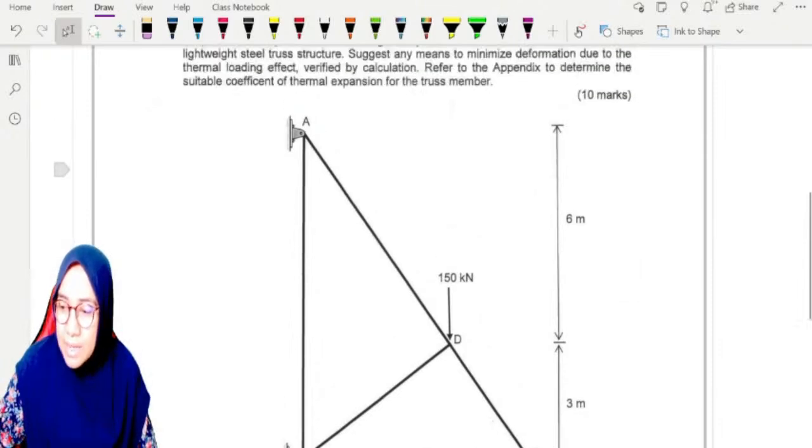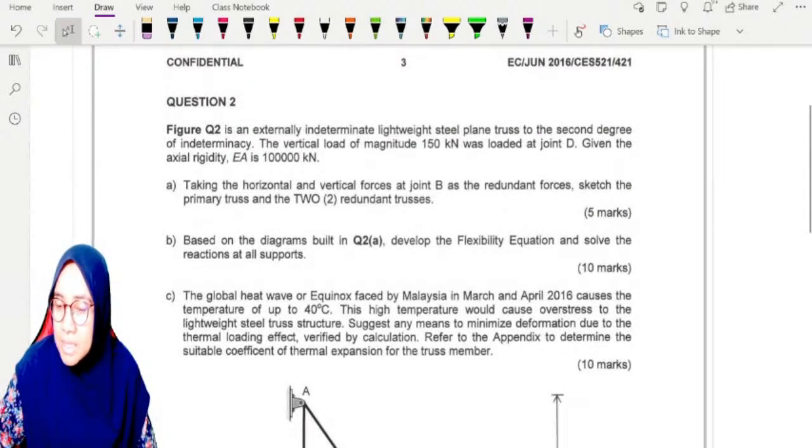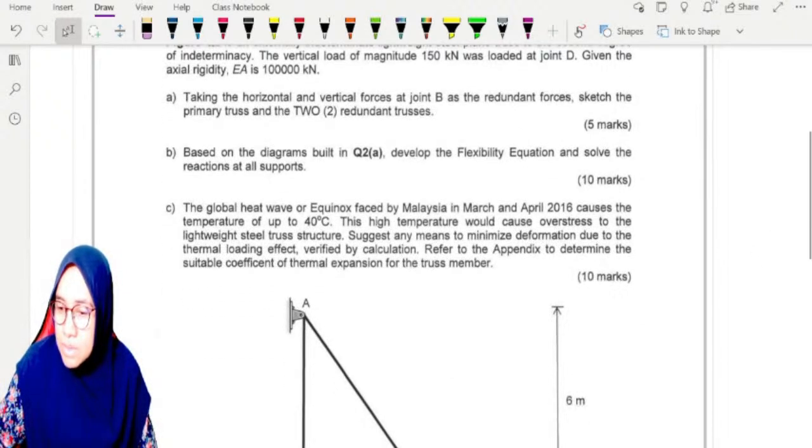But before that, I just want to see what information is given in the question. Redundant is for flexibility, doesn't matter. Question C asks for considering temperature changes.